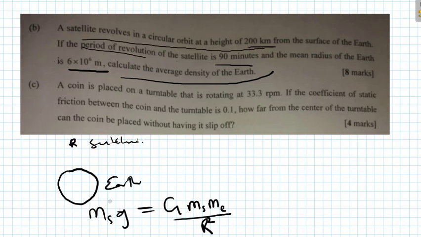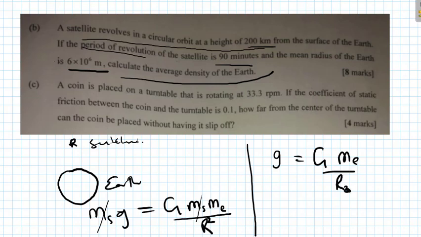Now we know that this m will cancel with this m, and what we remain with is g is equal to capital G M_E over r squared.